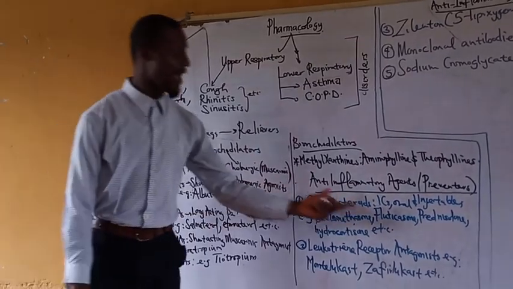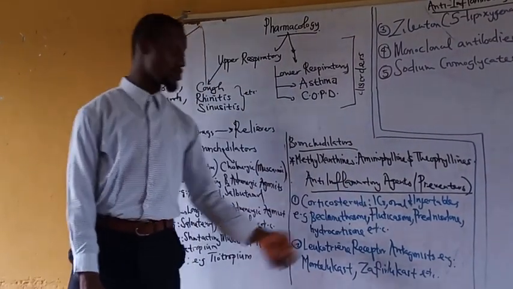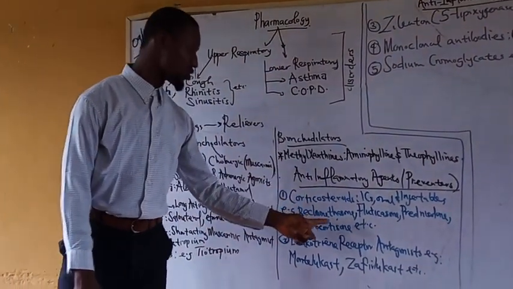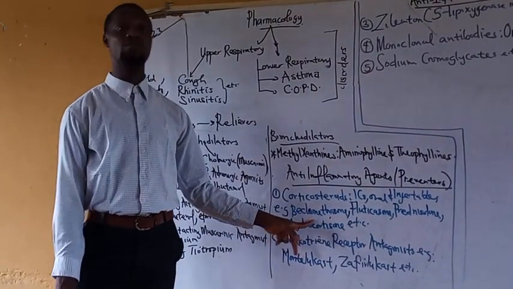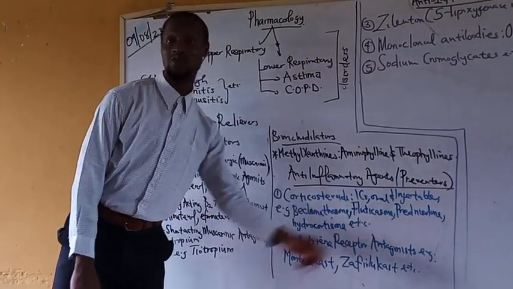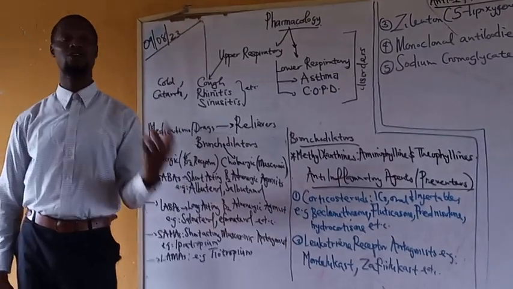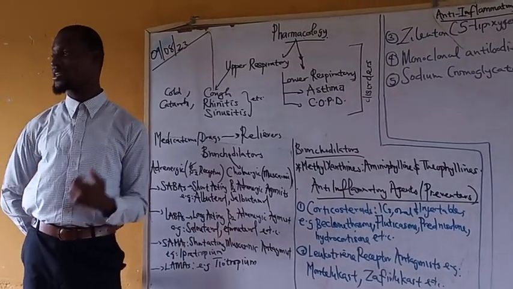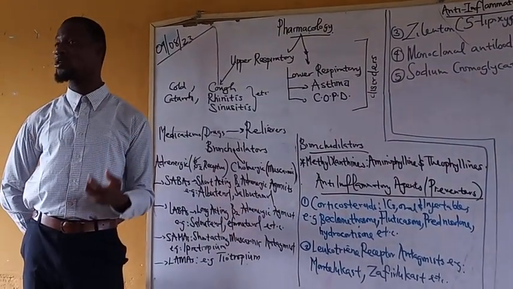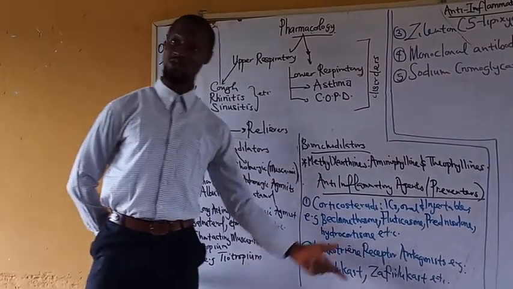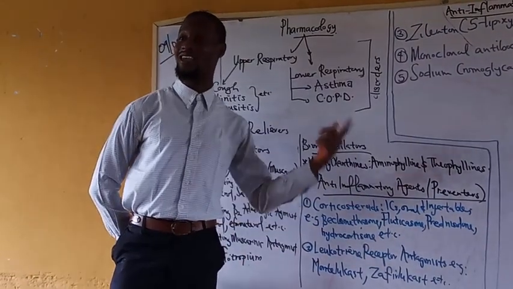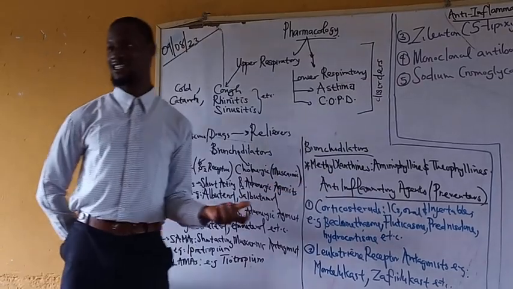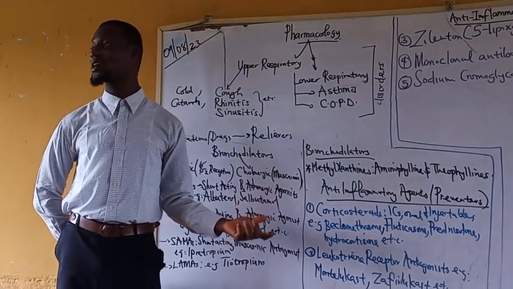So what you usually find are beclometasone and fluticasone. Those are the drugs you find as ICS. You will not find hydrocortisone or prednisolone given as ICS because they are not given via those routes of administration.